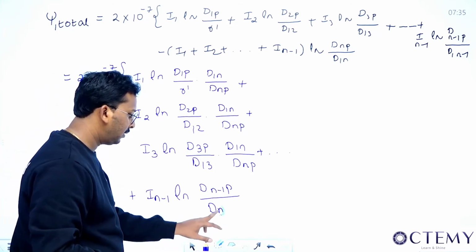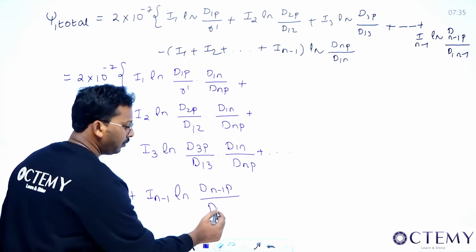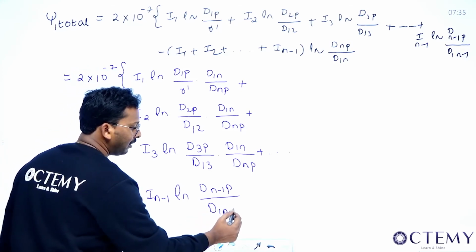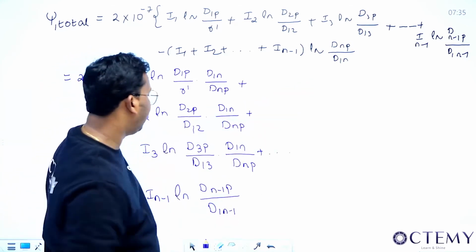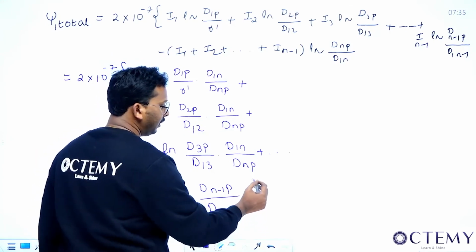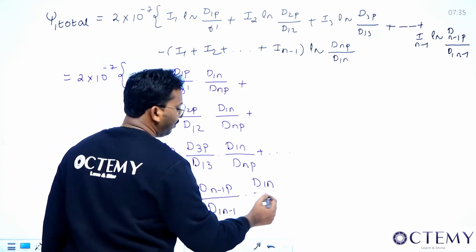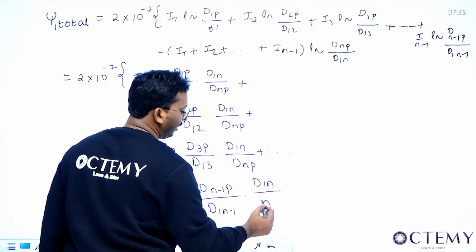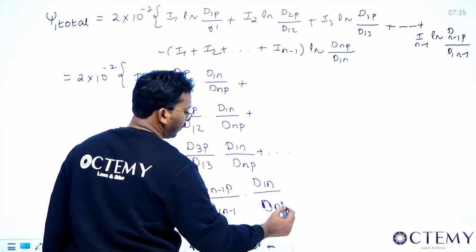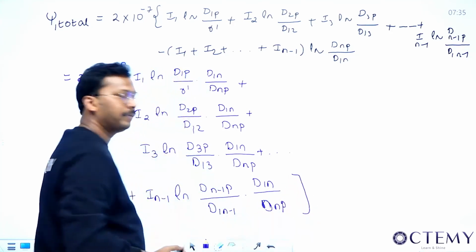This should be d1(n minus 1), and the multiplication is same, d1n divided by dnp. This is what is closed here, right?